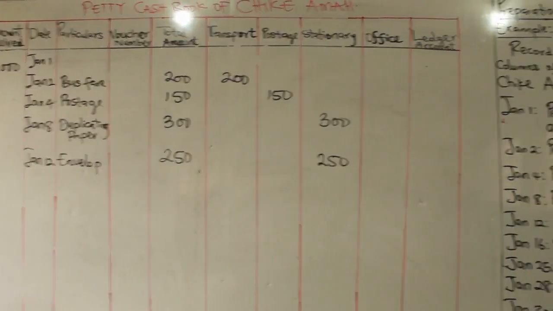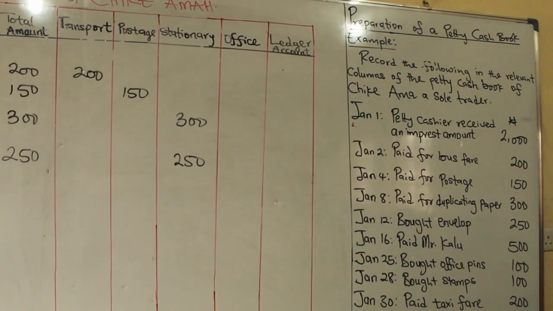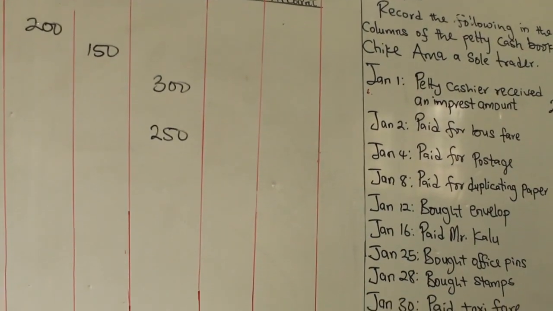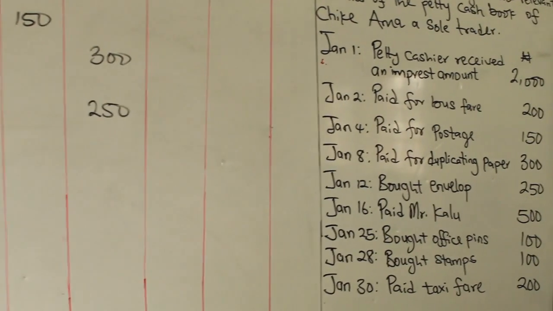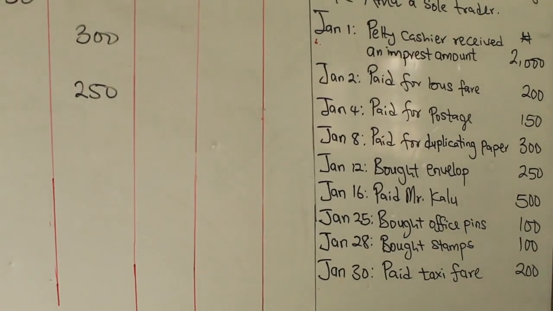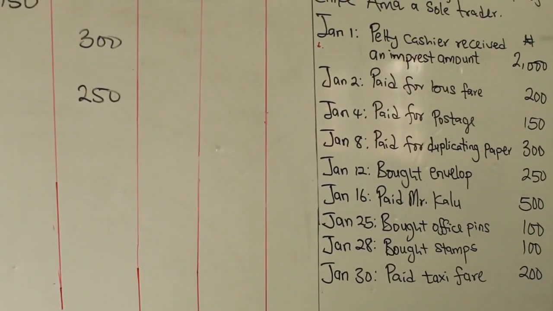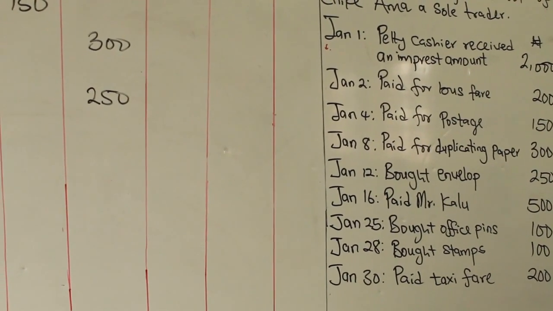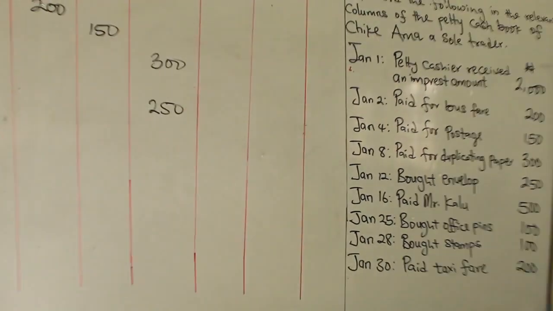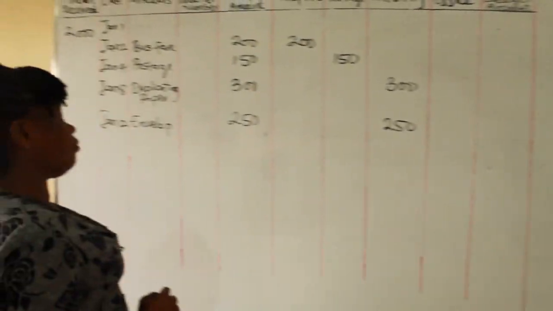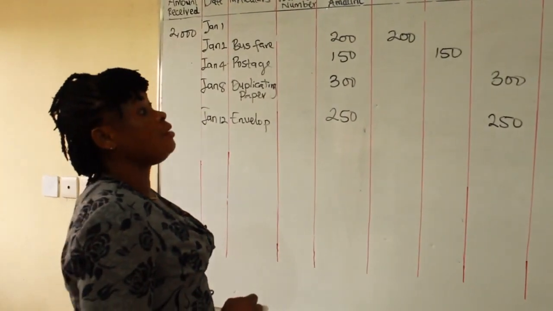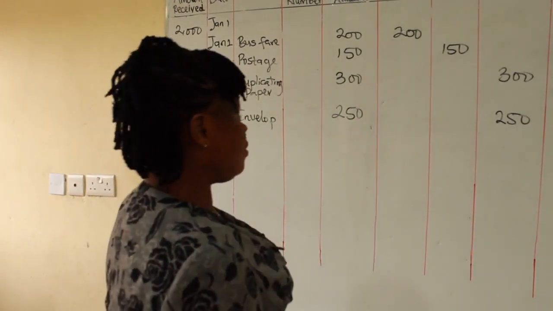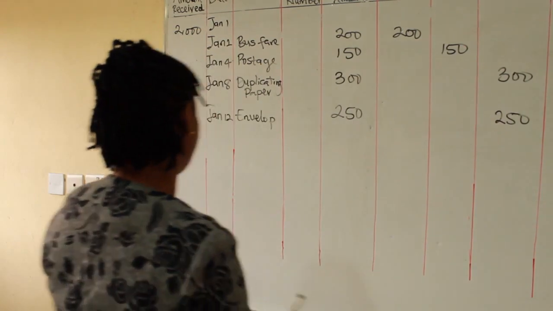Then on January 16th, the petty cashier paid Mr. Carlo 500 naira. You first of all post it to the debit side of the petty cash book and then locate the column on the debit side of the cash book.